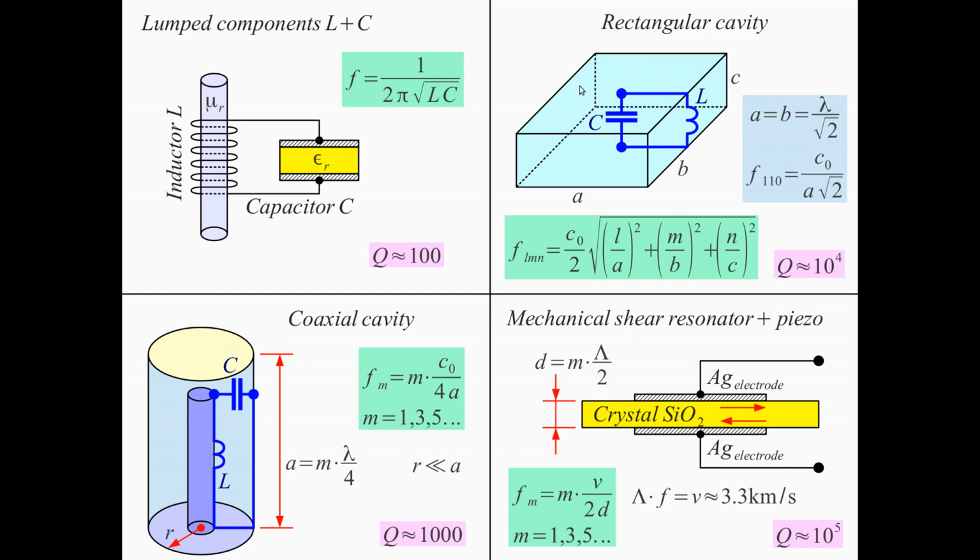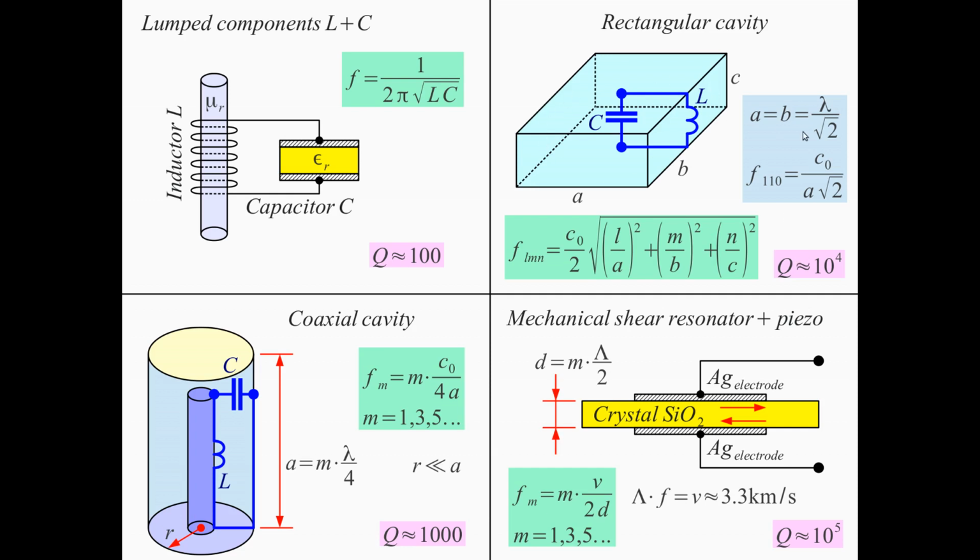With a rectangular cavity, which is much larger than a coaxial cavity, you can see here from the dimensions, this is lambda quarter, this is lambda divided by square root of 2, so this is much larger. I can get the Q up to 10,000. And here the modes of this cavity, there are even more modes.